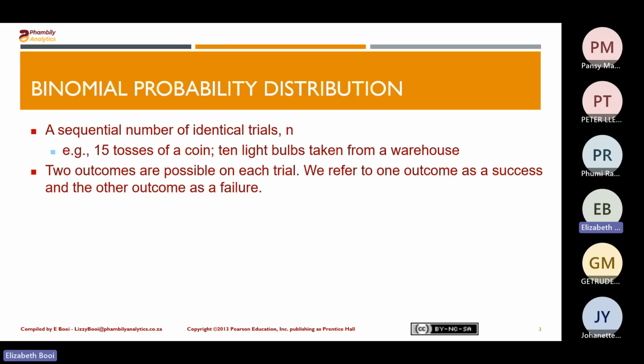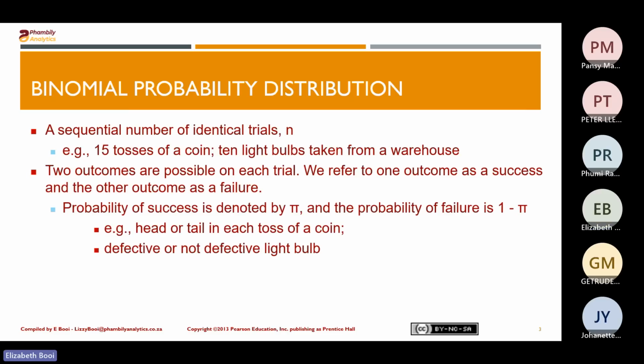They will tell you that the probability of success is this much, or they will give you the number satisfying and the sample space, and then you can calculate what that success probability looks like. But there will always be two outcomes: one is a success, and one is a failure.